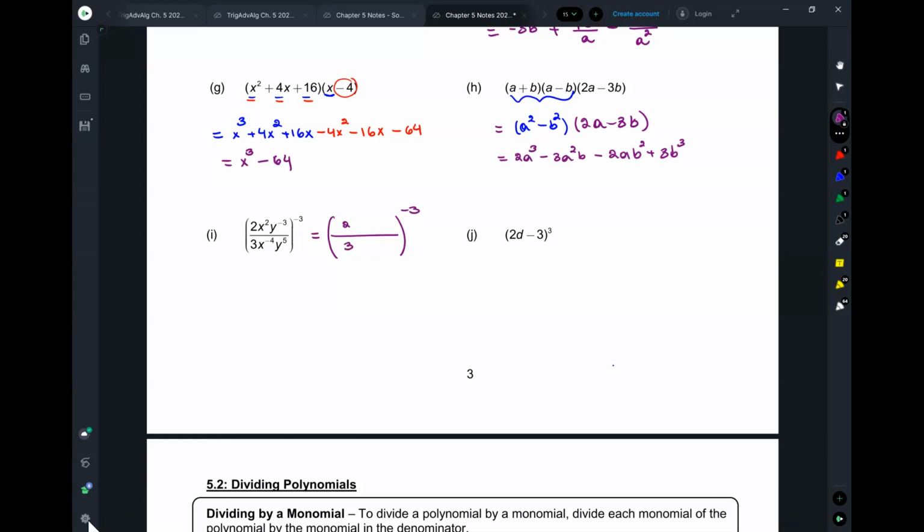Look at the x's: I have x to the power of 6. And then what about the y's? I have y to the negative 3 minus 5, which is y to the negative 8, but I can just write it on the bottom as y to the positive 8.